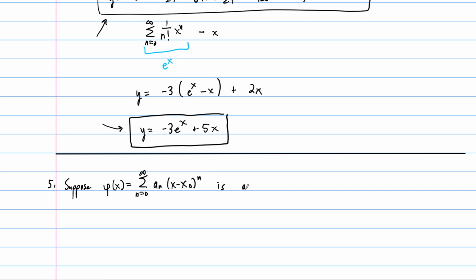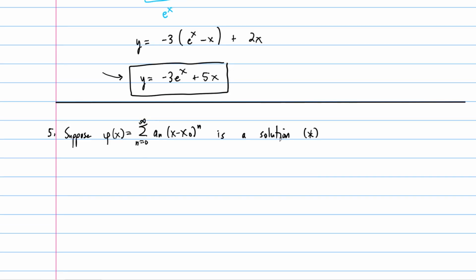Assume that this is a solution of our differential equation star. Remember, that was from the very beginning, the second order linear homogeneous differential equation. And assume that the solution converges on an interval with a positive radius of convergence. So suppose that this converges on this interval, absolute value of x minus x naught less than rho, for some positive value of rho.